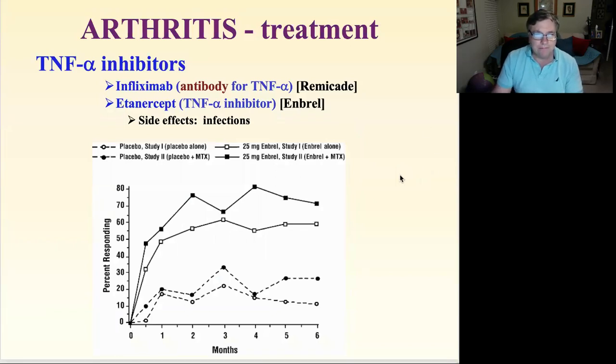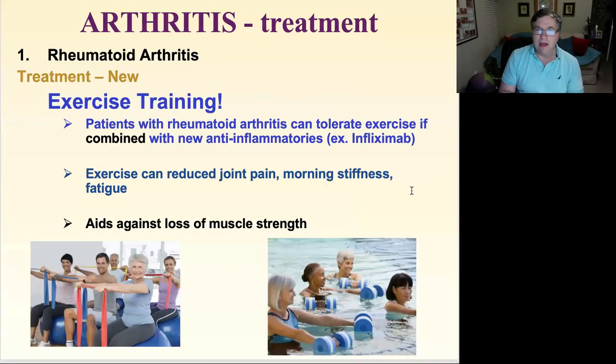People used Enbrel and methotrexate and it worked even better, even though the preference today is to actually use something like Enbrel and combine it with exercise. So exercise, believe it or not, is the new therapeutic agent that's used to treat arthritis, but usually in combination with Enbrel or another targeted immune suppressant type of drug.